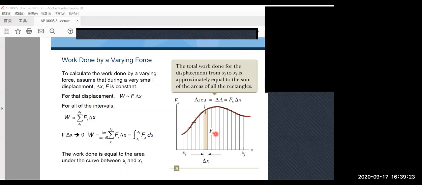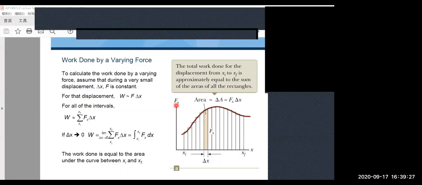For example, you have this force Fx along the x direction that is changing during the displacement of the object, and it keeps on changing as it keeps on moving along the x-axis. So how do we calculate the work done in this case?